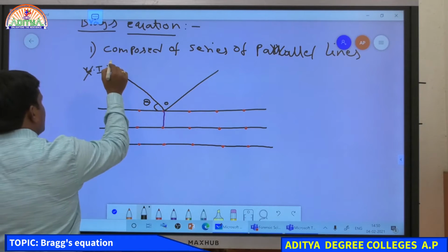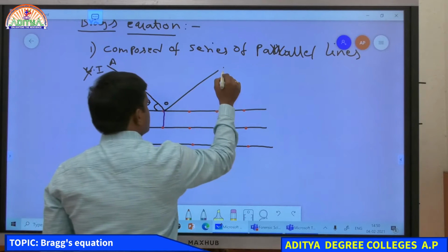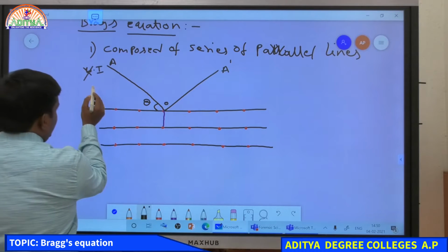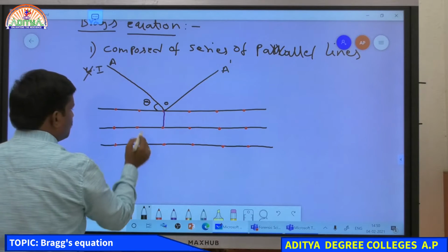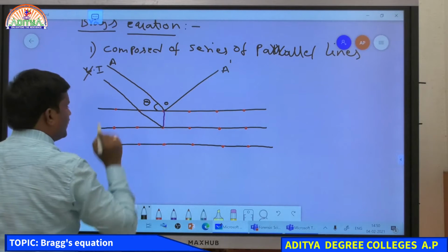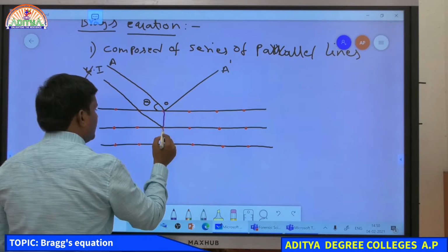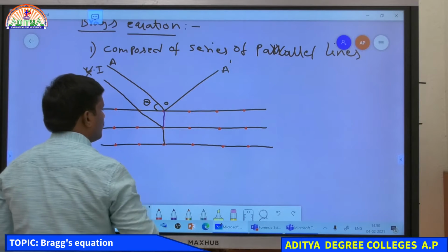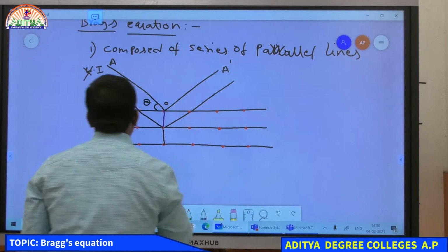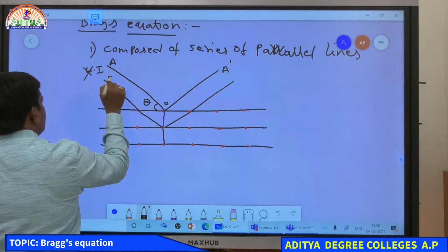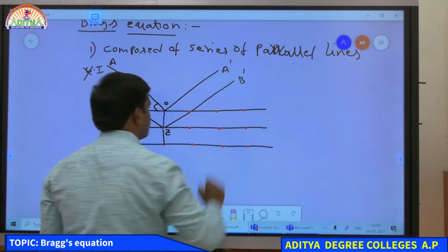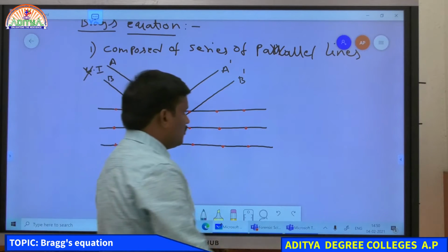And the wave path is A, O, A dash. Similarly, consider the second X-ray, X-ray 2, that is incident on the second layer, and again it is penetrated into the next level and also transmitted like this. It is taken as B, Z, B dash. So here there are two X-rays.